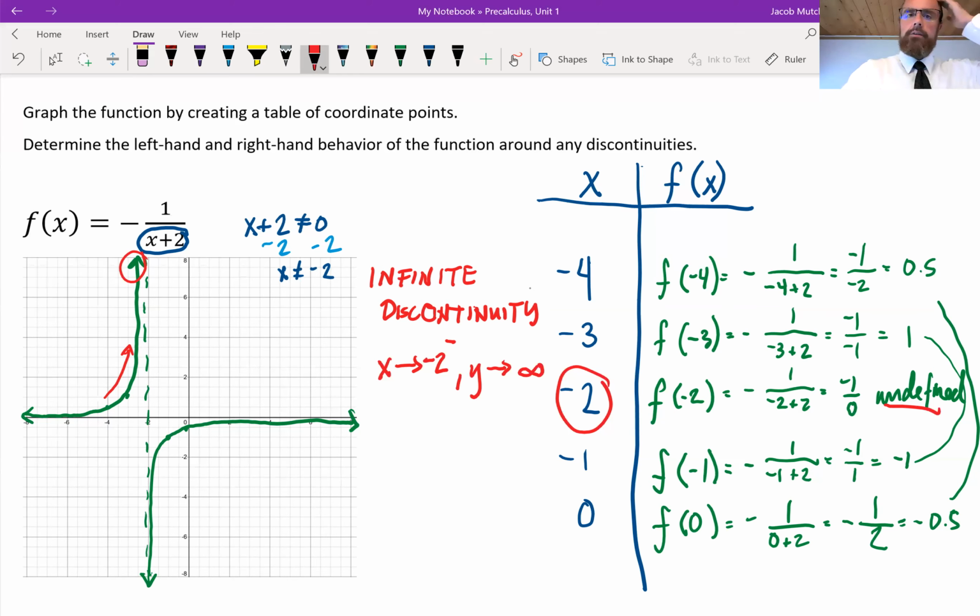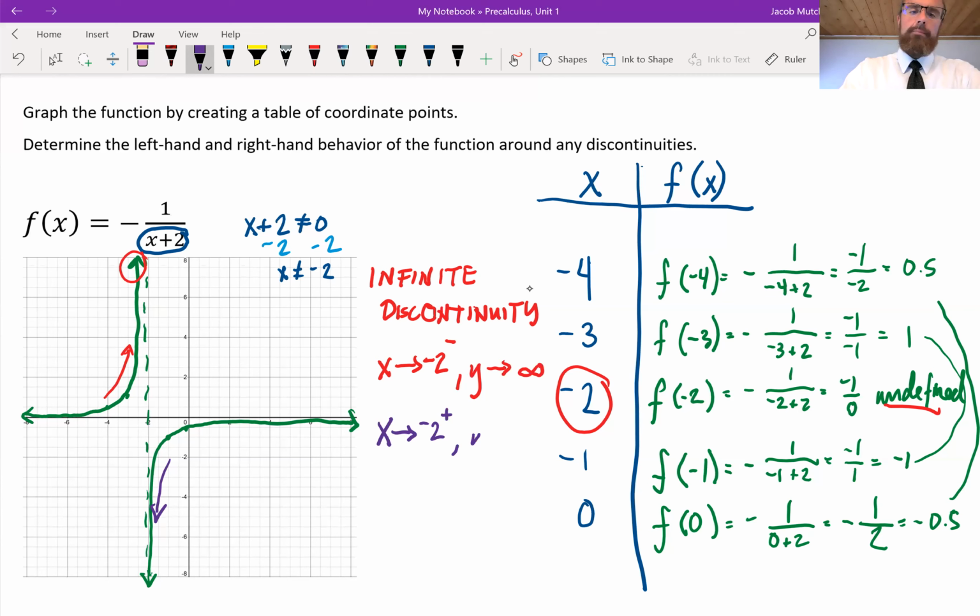Let's check the other side. So the other side is from the right. I draw the arrows saying this is where I'm looking. From the right-hand side, I'm saying what's happening to that Y value as X gets closer to -2. So we're going to write X approaches -2 from the right-hand side.